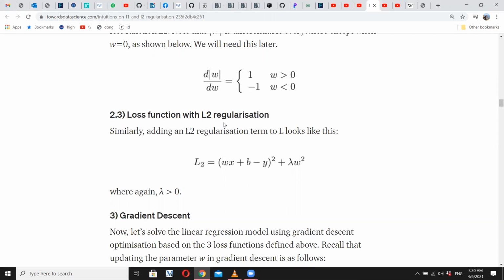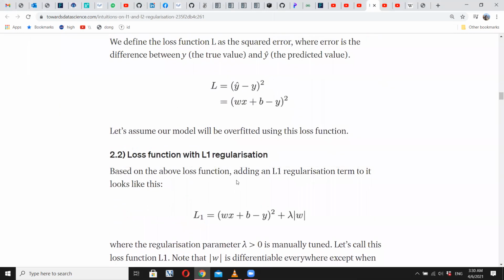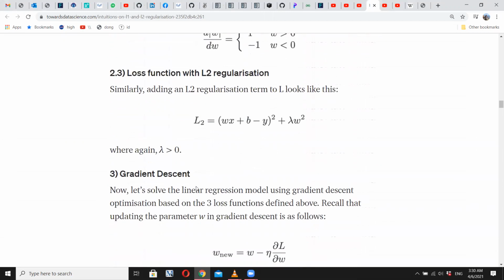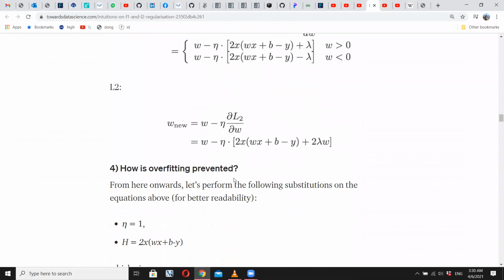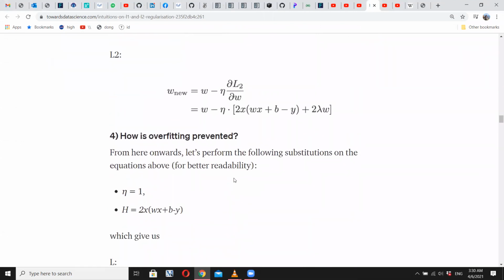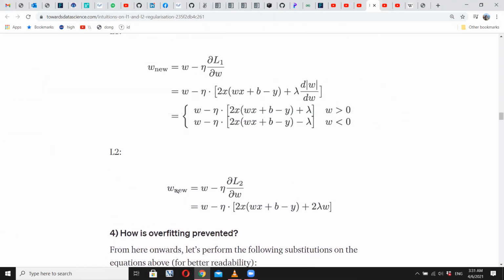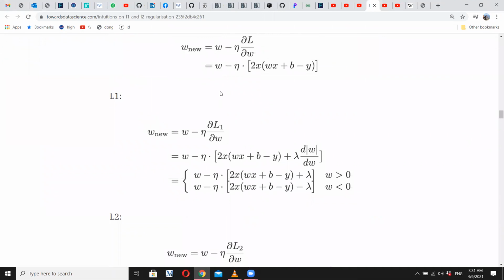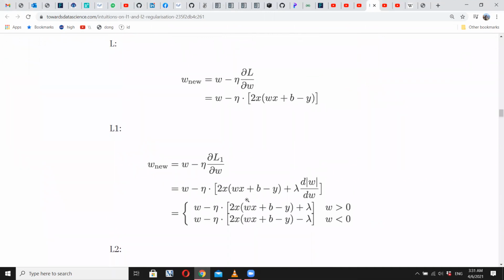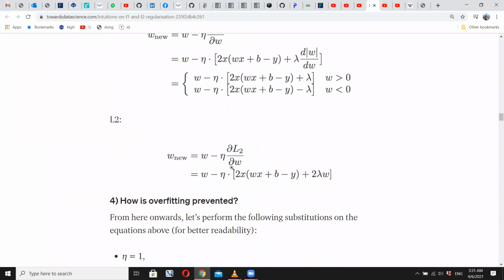So the way of updating my intercept, which is b in this case, is the same in all three models. Okay, so this is how we will update slopes in linear regression versus lasso regression versus ridge regression.